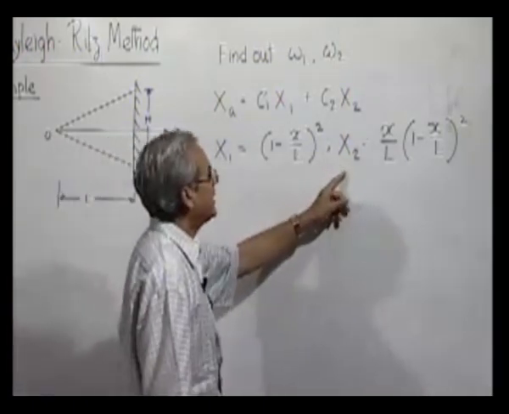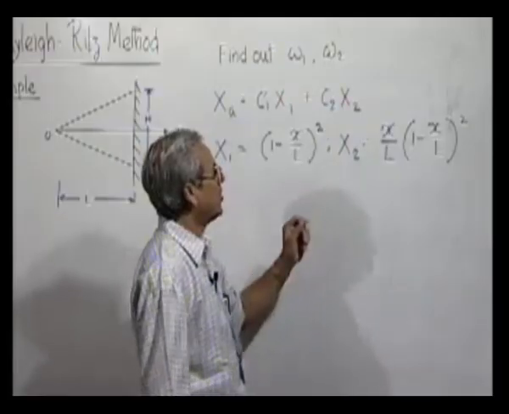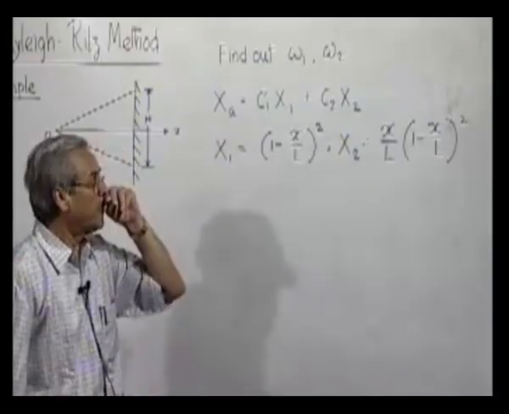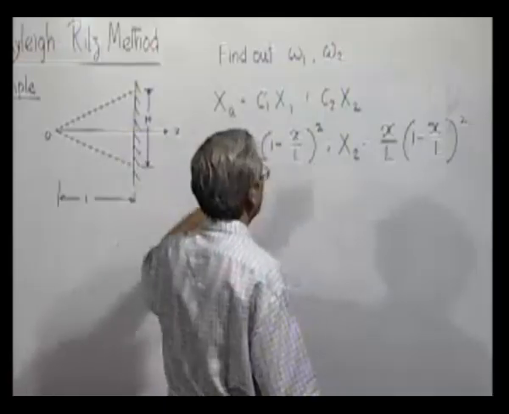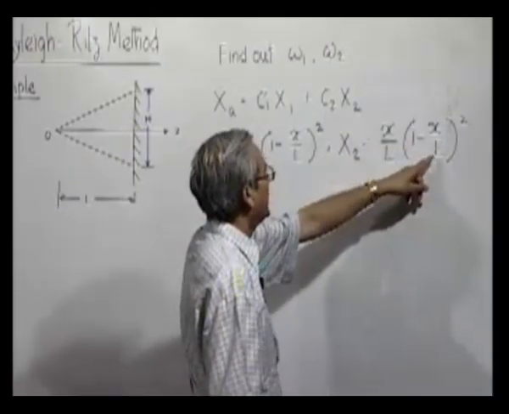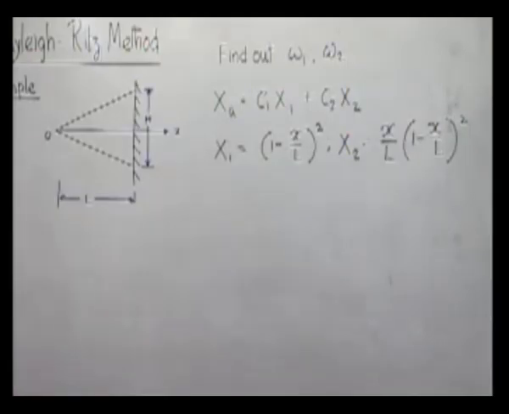This one also, at x is equal to 0, it is becoming 0. So it is not really satisfying the conditions there, but at the other end, x is equal to L, it is satisfying, and both the slope and the value of deflection are 0.